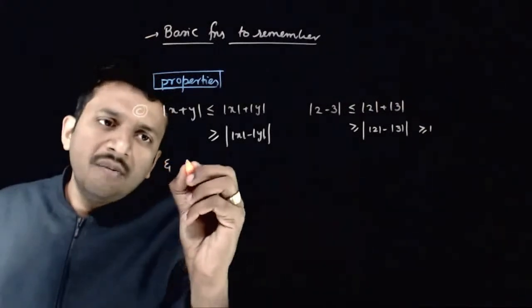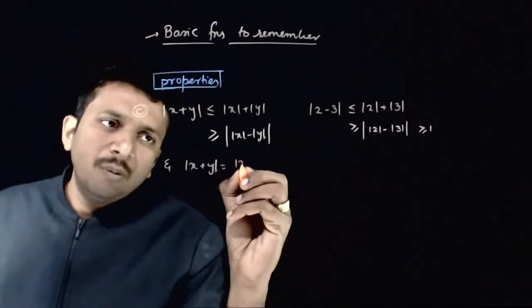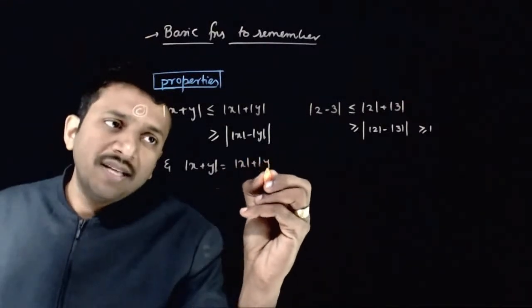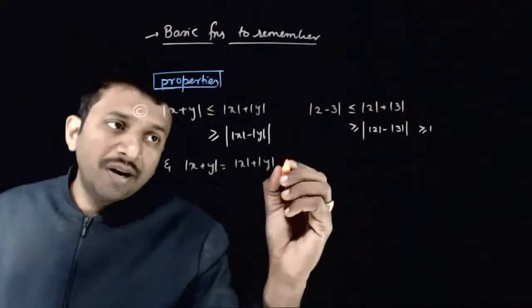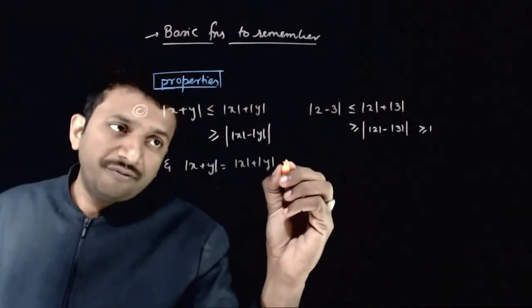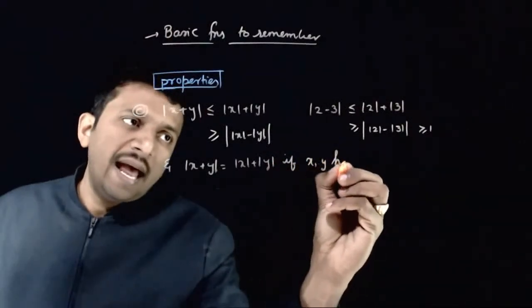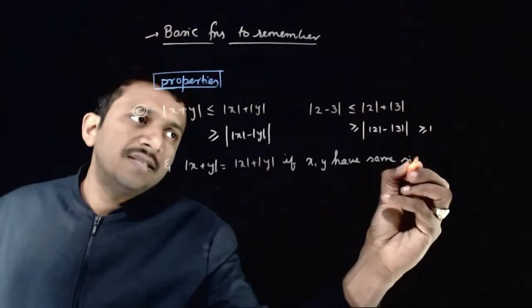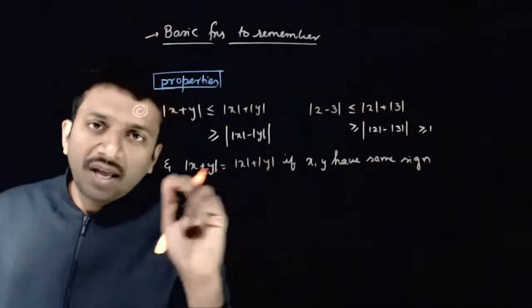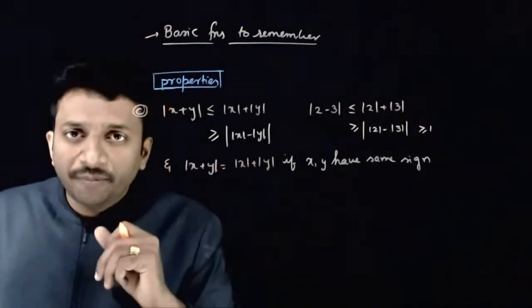And sometimes mod of x plus y will be exactly equal to mod x plus mod y, if x and y have the same sign. That is, if x and y are both positive, then mod of x plus y will be equal to mod x plus mod y.